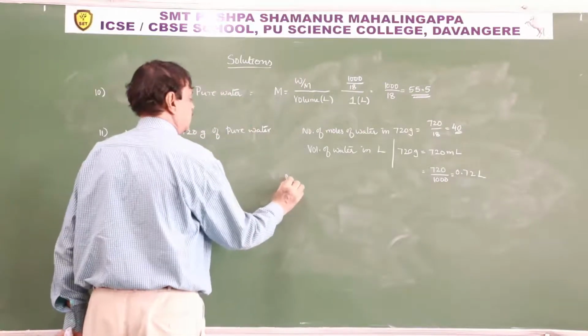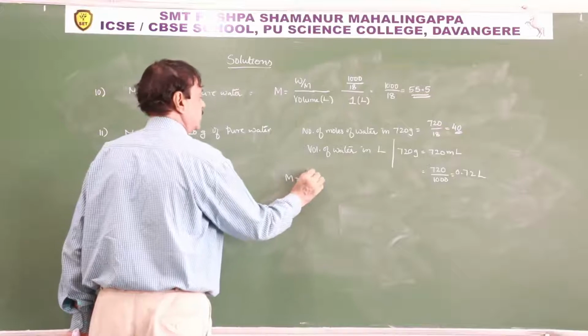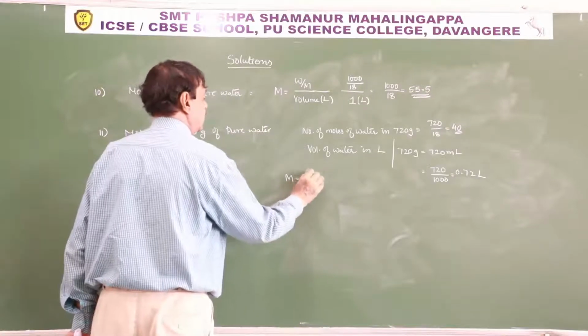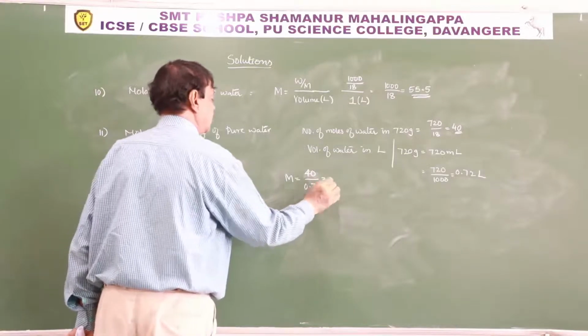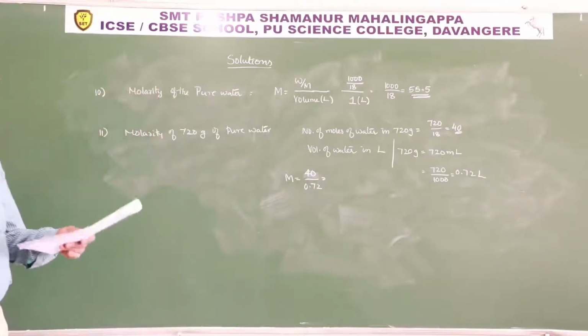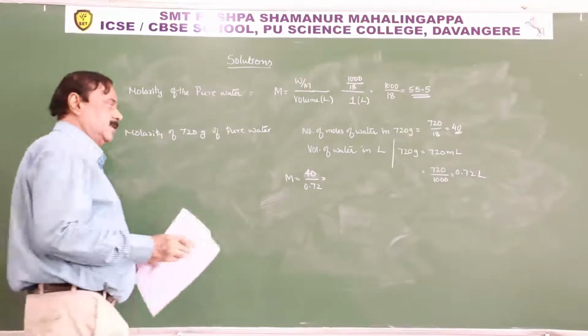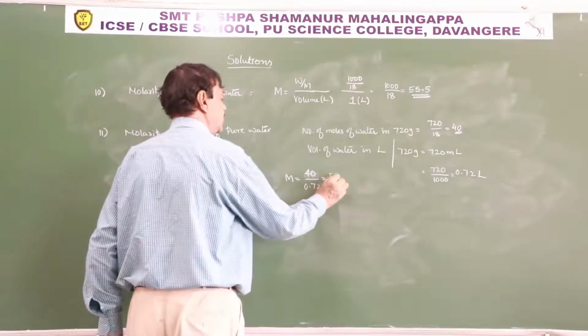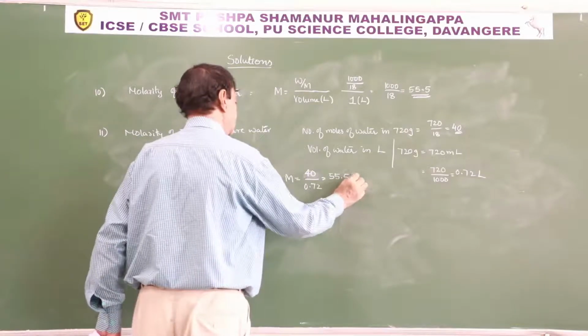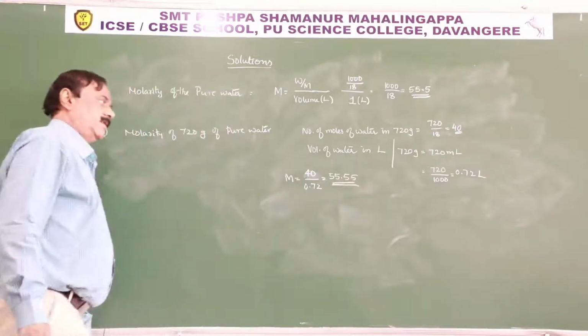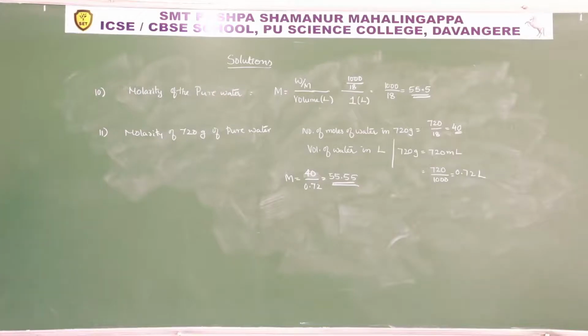Now substitute in this formula: M is equal to 40 divided by 0.72, that ratio is found to be 55.5. Therefore, the molarity of water is always fixed for pure water.